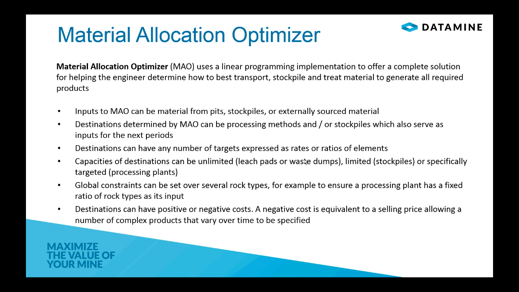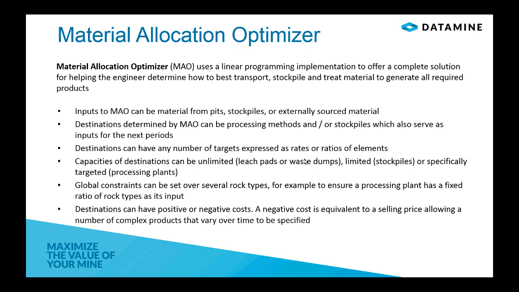The material allocation optimizer is comparing the value of the material coming from all these different sources, and it's comparing this against the capacities of all destinations, and it's sending the material to the best destination, the one that will generate the highest net value.